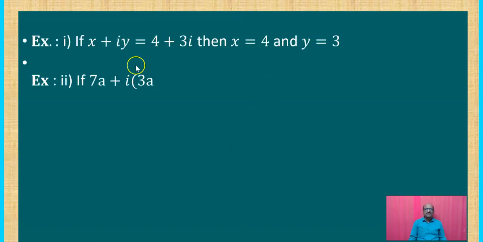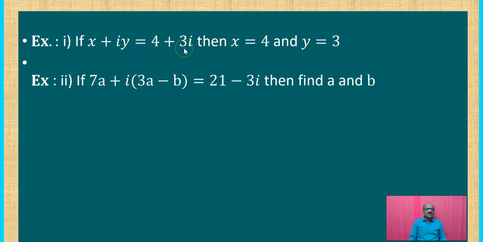First example, if x + iy = 4 + 3i, then x = 4 and y = 3. Next, if 7a + i(3a - b) = 21 - 3i, then find a and b. It's very simple.